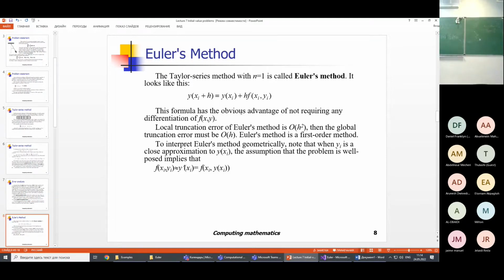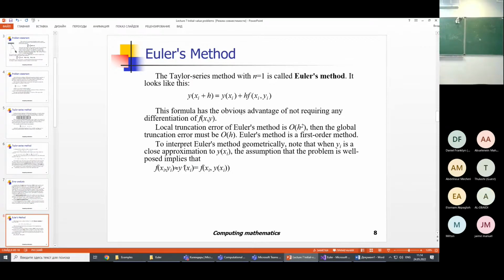And I can write that y i plus 1, I denote y of xi plus h as y i plus 1, the value of the function at the next point, equals yi plus h times f of xi, yi.